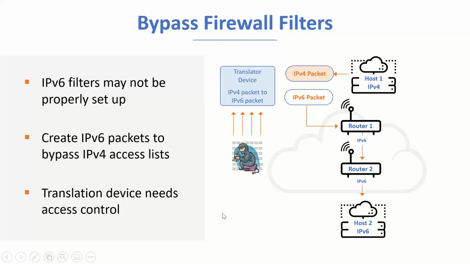And so that's where some of the bypass stuff comes in. Again, this whole firewall area we can talk about for quite a few sessions. And your translation device needs some access control. These are just things you want to think about if you're going to be implementing transition technologies. Just go through and say, have I done this? Am I subject to this? Have I done that?